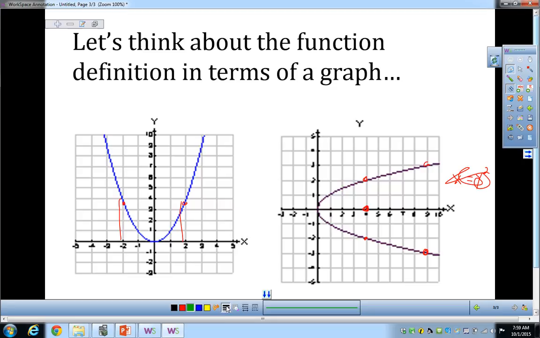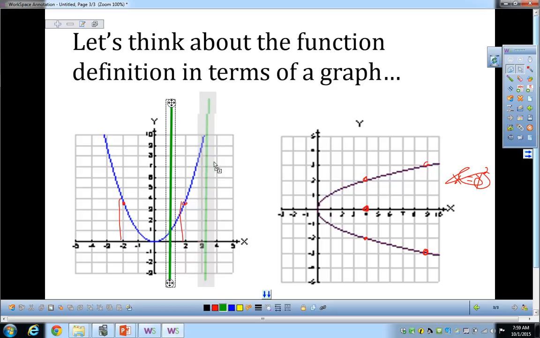And I can make it thicker, okay? If I take a line and I draw it straight down, and this line only crosses that function in one spot, okay? Or it only crosses that curve in one spot, anywhere I drag that line, then it is a function. It's called the vertical line test.